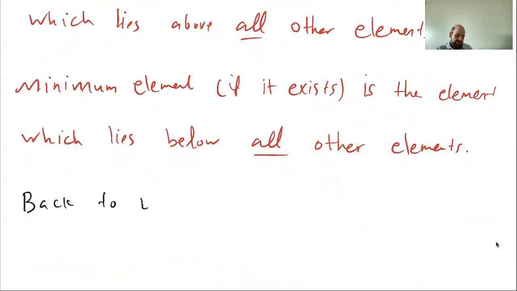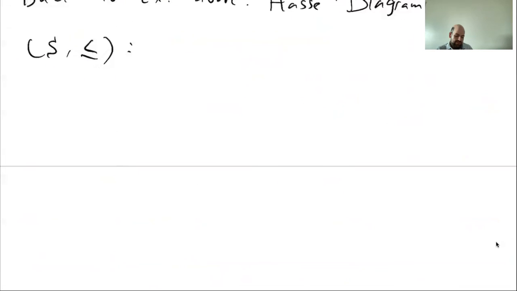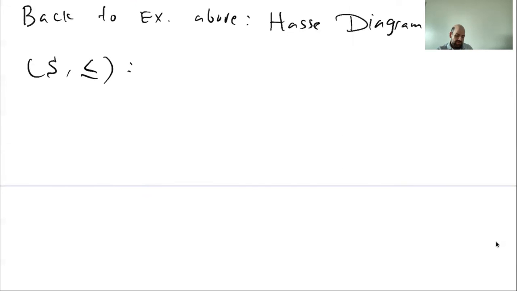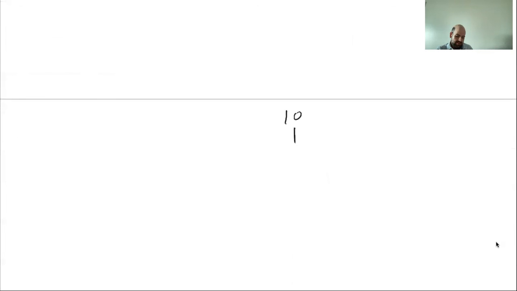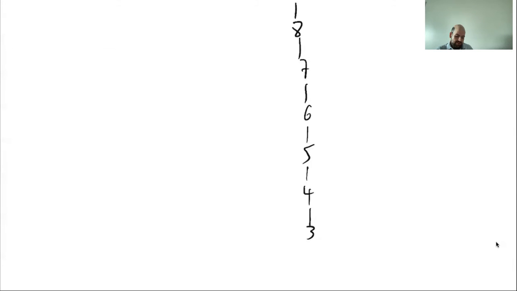So back to the example above, the Hasse diagram for this set S: 10, 9, 8, 7, 6, 5, 4, 3, 2, 1.